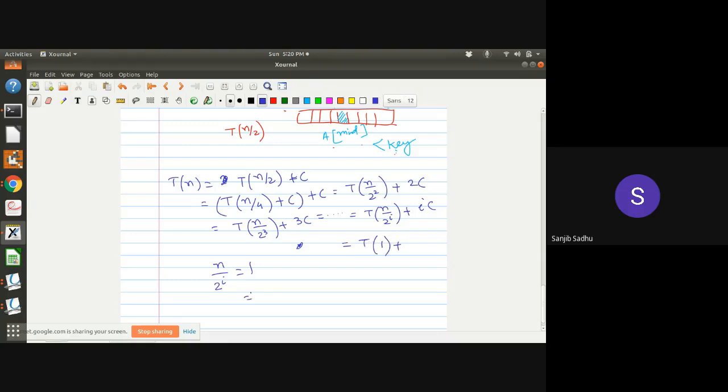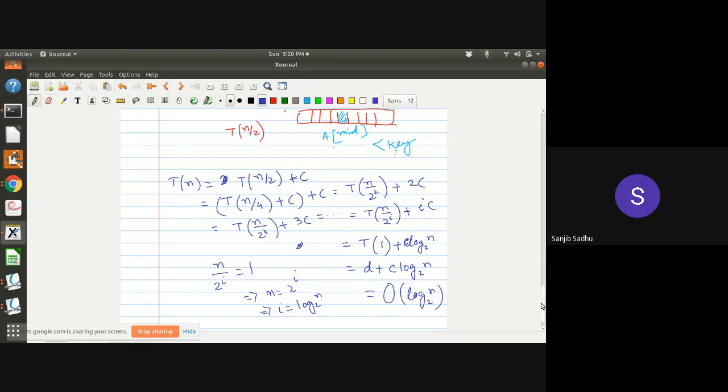What is i? n is 2^i, or i is log₂n, and this is multiplied by C. Now T(1) is D, so D + C log₂n. So this is clear.